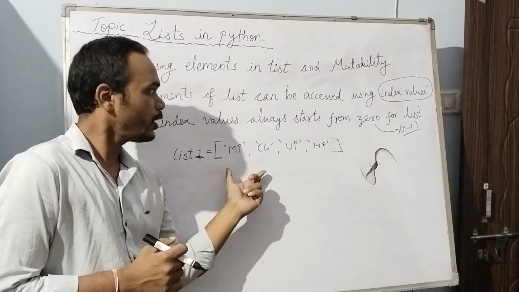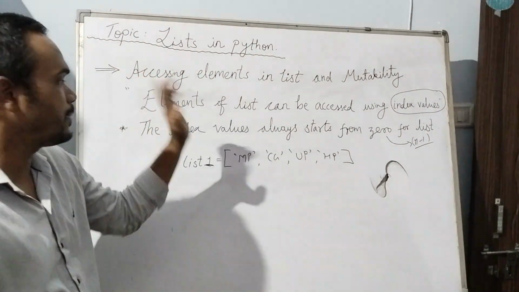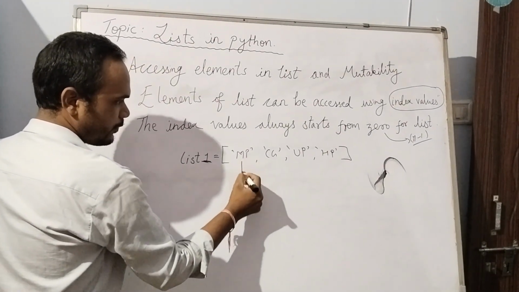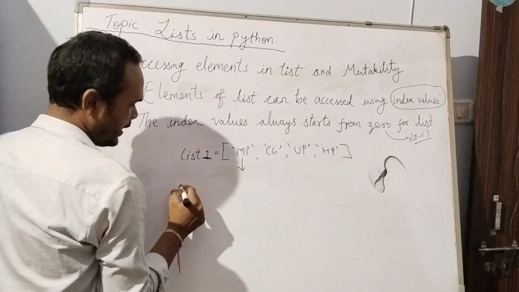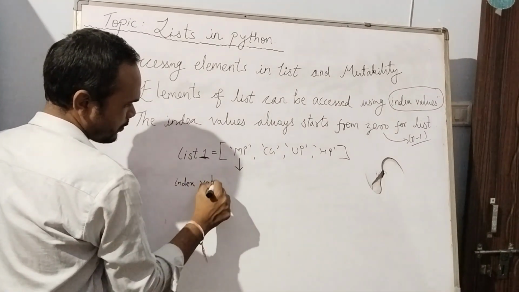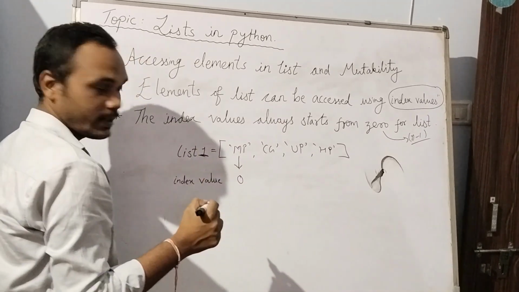But when we talk about the accessing concept, it always starts from 0. It means the first element will be assigned the index value 0. The index value for MP will be 0. Clear?